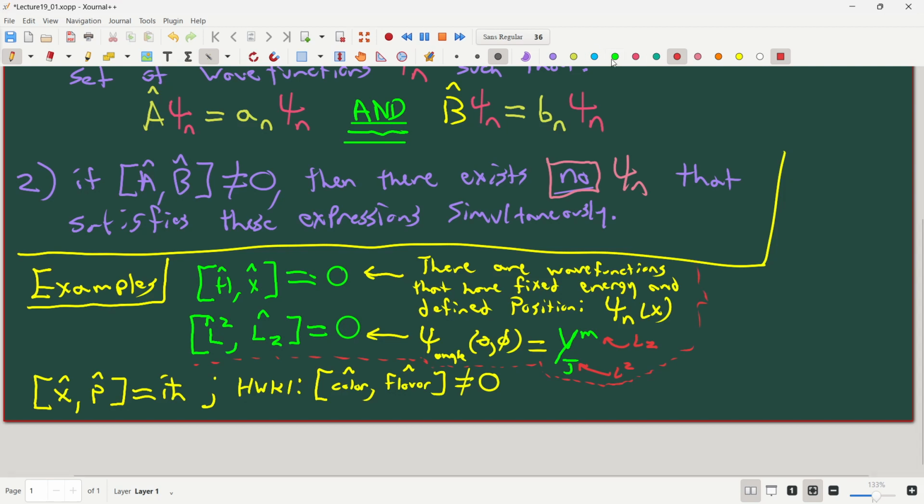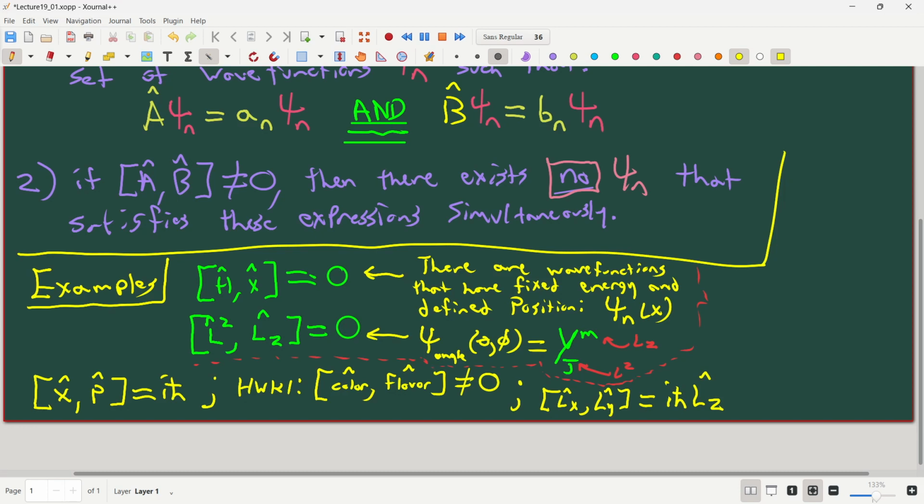All right, one more I want to write at the bottom, and I wrote this last class, which is that if you take two directions and measure two directions of your angular momentum and take the commutator, your result is off by a difference in z. Okay, so what does that mean?